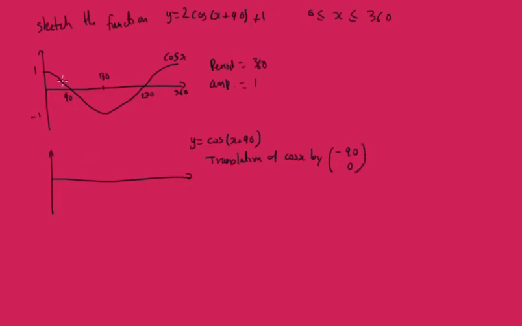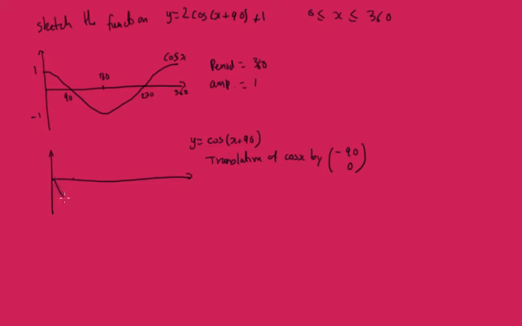So it's like taking this graph and moving it 90 to the left. So what was 90, which is 0, will now be 0.